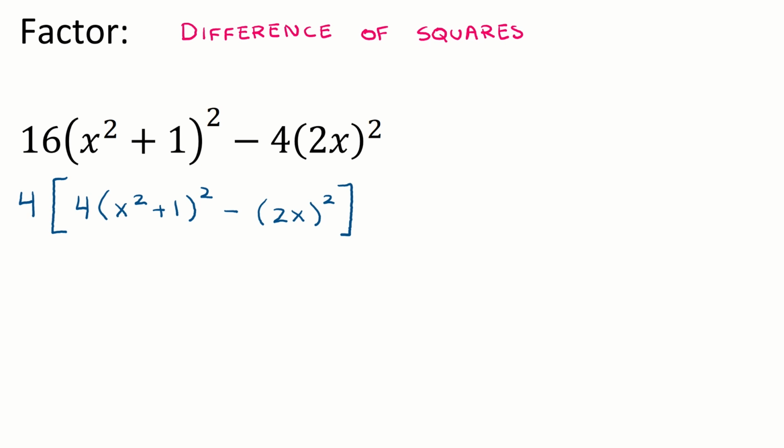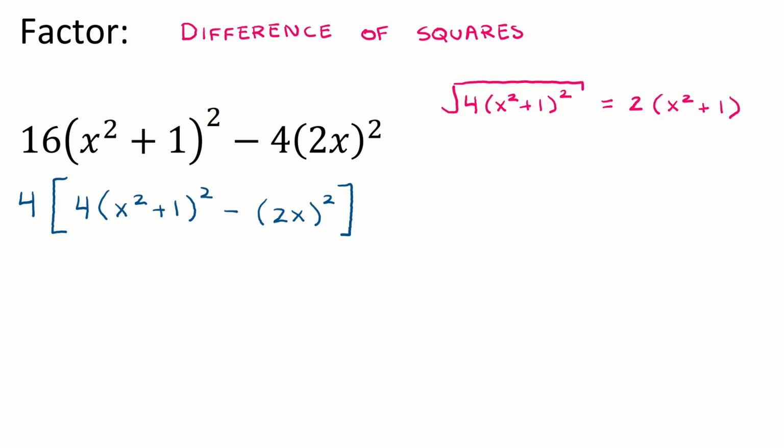And then, because it's a difference of squares problem, I'm going to look at the square root of my first term. So what is the square root of 4 times (x squared plus 1) squared? The square root of 4 is 2, and because x squared plus 1 is squared, the square root of that is just x squared plus 1.